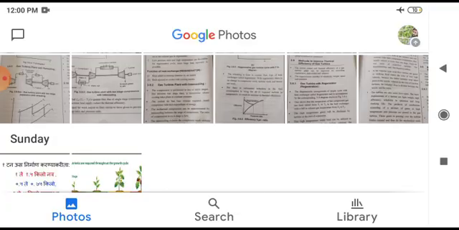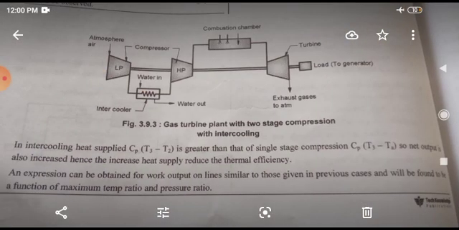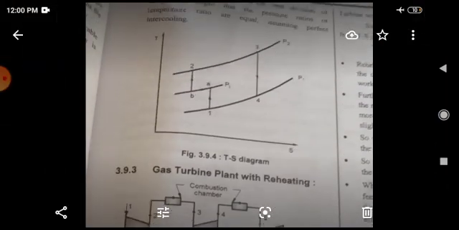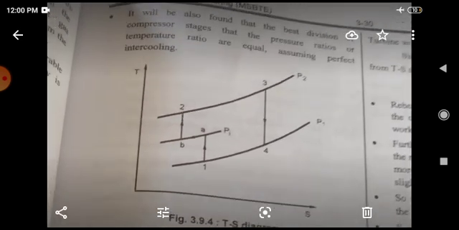Here is the TS diagram shown for intercooling.